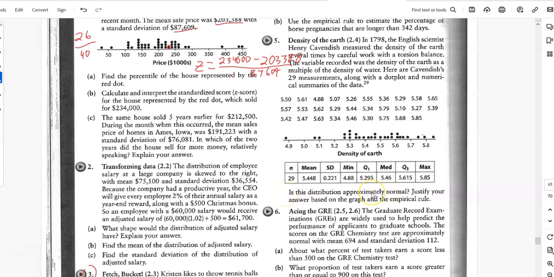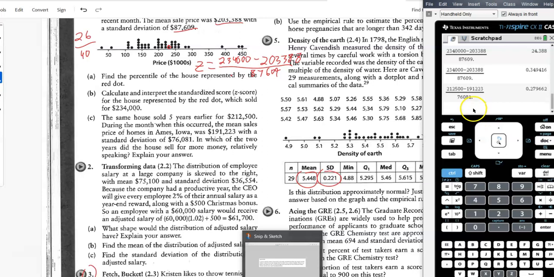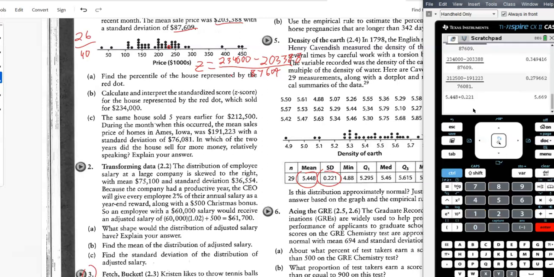Based on the graph. If you wanted to do the empirical rule to test that, you would take the mean and the standard deviation, right? So you would go in each direction here. You take 5.448 plus 0.221 and subtract that as well.